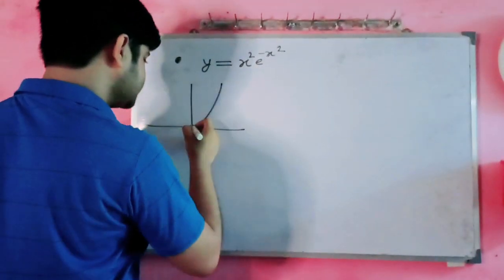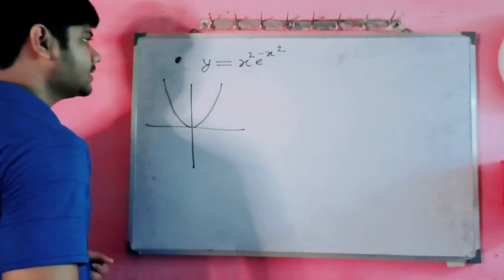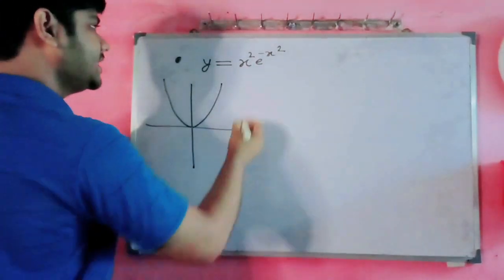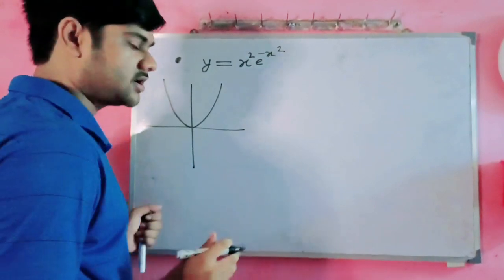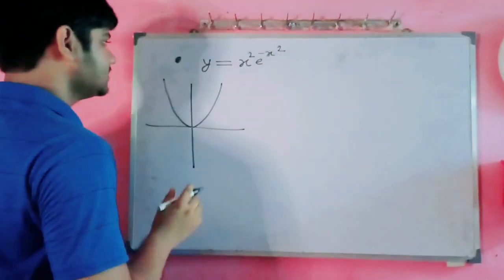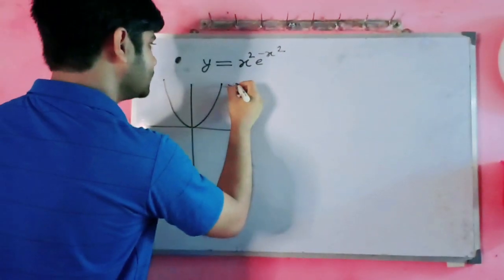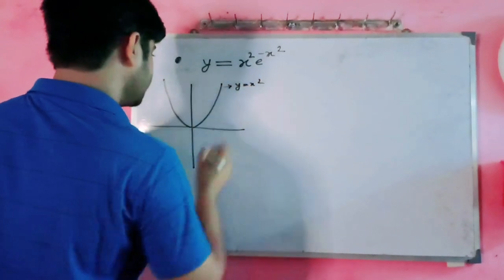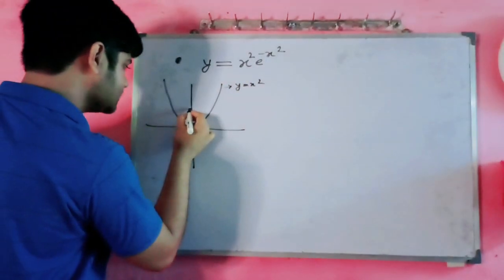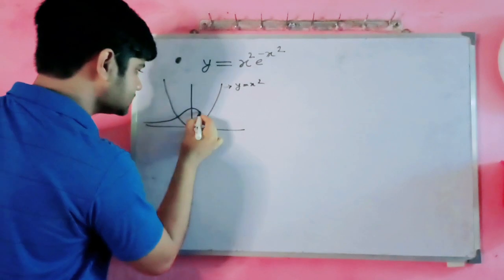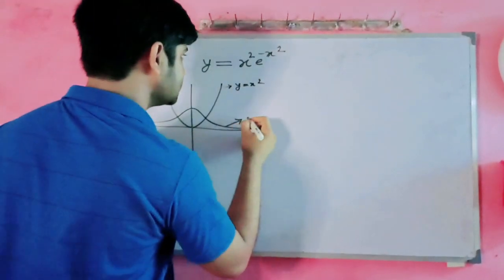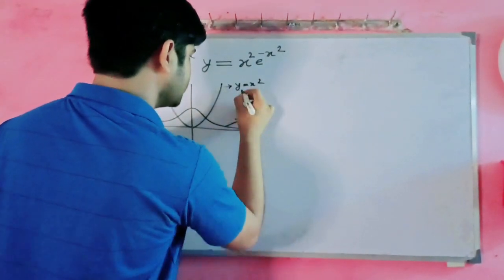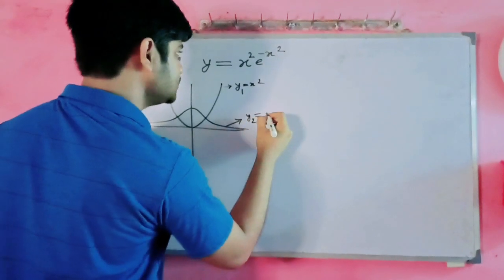We have previously seen that it is a parabolic graph, and e raised to minus x square is a Gaussian curve. So this is for y1 equals x square, and how does the Gaussian curve look? It looks like this. This is y2 equals e raised to minus x square.